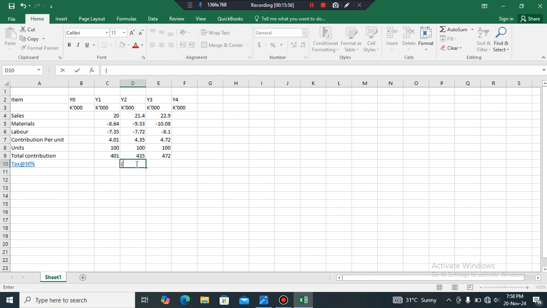So this is supposed to be in brackets, 120.3. And then 435 times 0.3 is giving us 130.5. Then we have 472 times 0.3 is giving us 141.6, right?